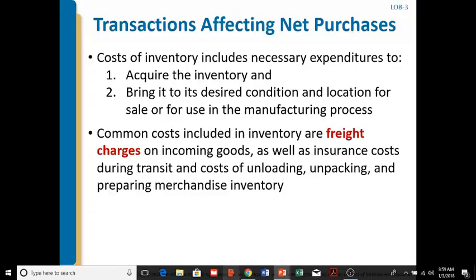Such costs as freight charges, insurance costs, costs of unloading, unpacking, and even preparing merchandise inventory for sale must be included in the purchase price and added to the cost of your inventory.